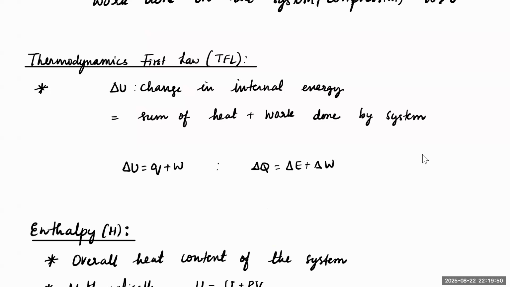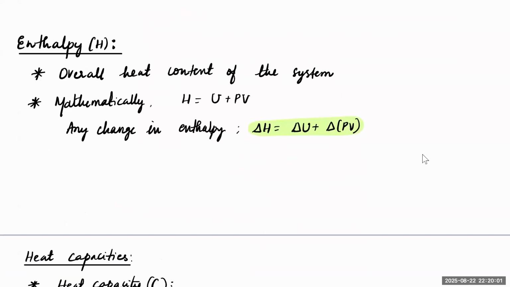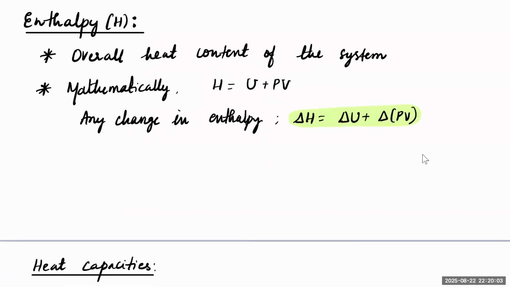Next. Like I said, this is the first law of thermodynamics. Delta U is equal to Q plus W, which is the sum of heat and work done. Now let me introduce the next term known as enthalpy. Enthalpy represents the overall heat content of the system. Whatever particles, whatever matter is present in the system, everything has a certain amount of heat content with it.